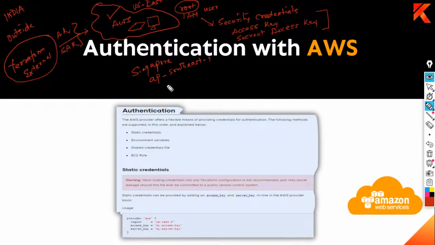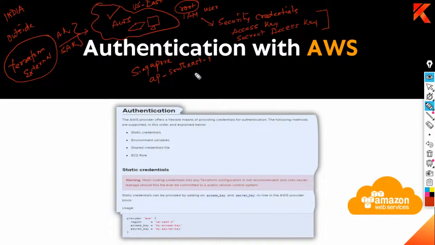I have manually created my EC2 instance in the same region, but I'm going to create another EC2 instance and a security group in the same region. I could have done it in a different region. It doesn't matter. It can be done very easily.